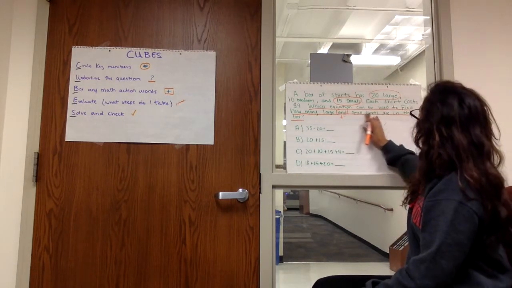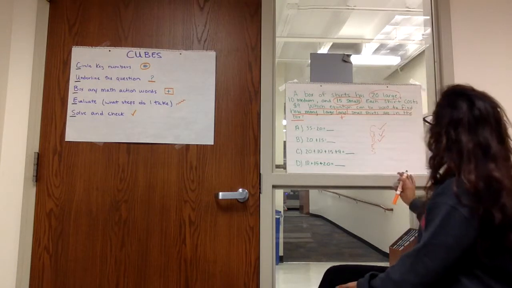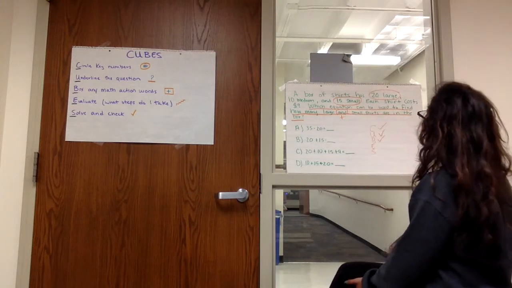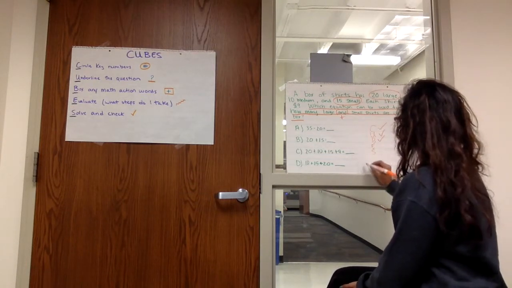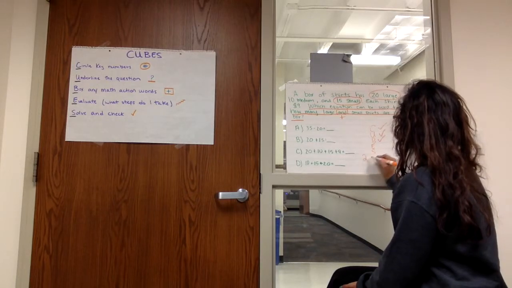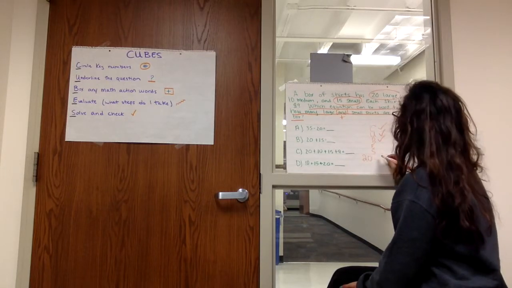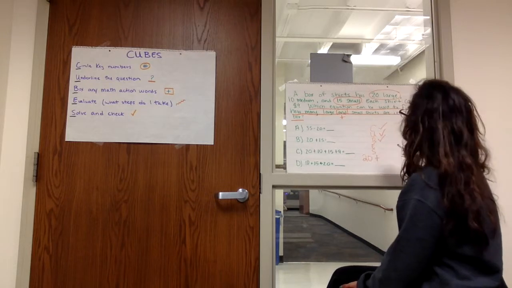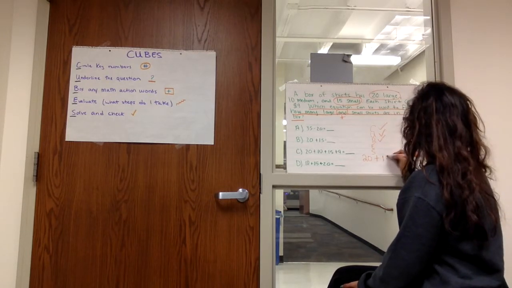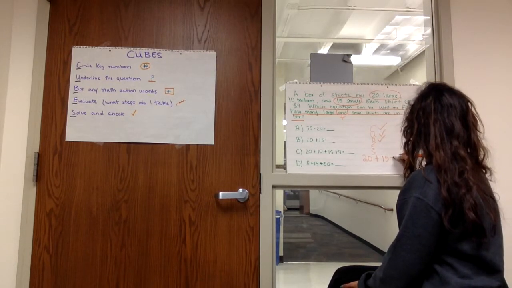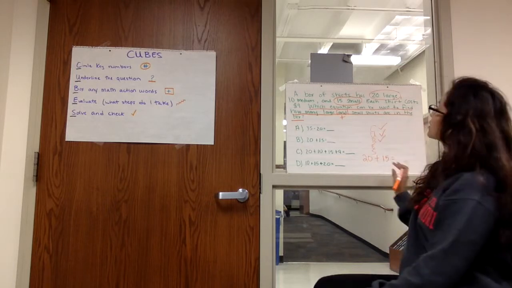So we're going to write out the equation on what we think it can be. So 20 plus, which is our and, 15, then equals, and then that's what's in the box.